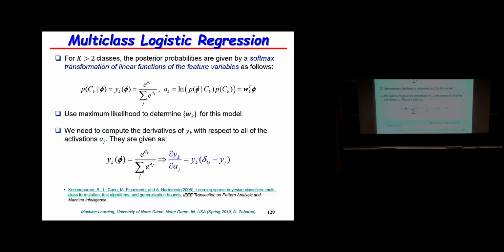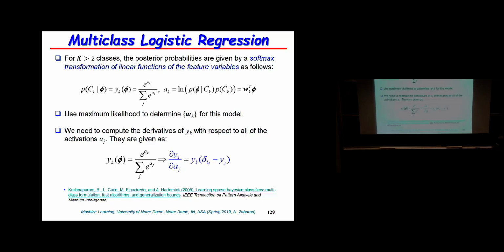Then we plugged them in, things cancel out, and we got a linear alpha. Here, we don't actually have any of these functions, so maybe I should remove it. What we have is alpha k equals wk transpose phi. Just remember that. So our model is basically these posteriors for each class, where alpha k is wk transpose phi.